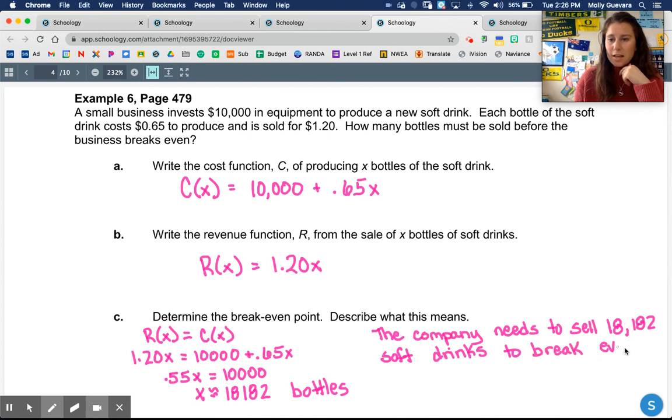If they sell less, they're losing money. If they sell more, they're making a profit. Maybe we put that. If they sell more, they make a profit.